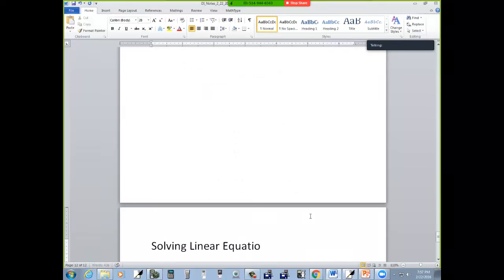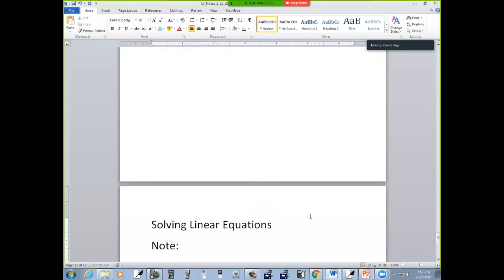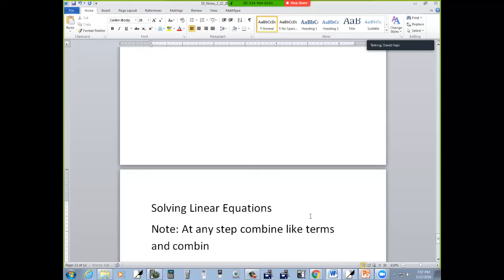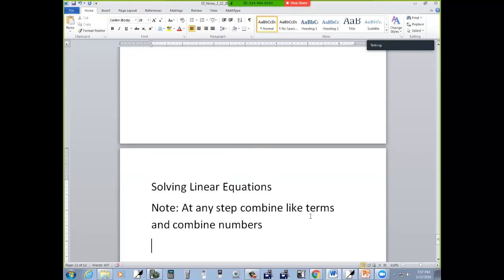Now, solving linear equations, we have our note at the top. It says at any step, combine like terms and combine numbers. And we have our first step, which says to get rid of parentheses, and you do this via the distributive property.